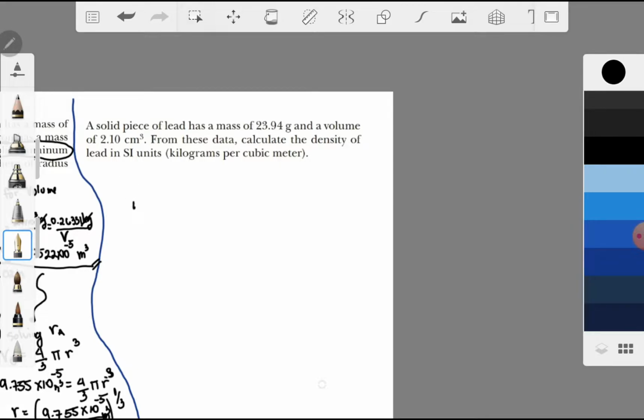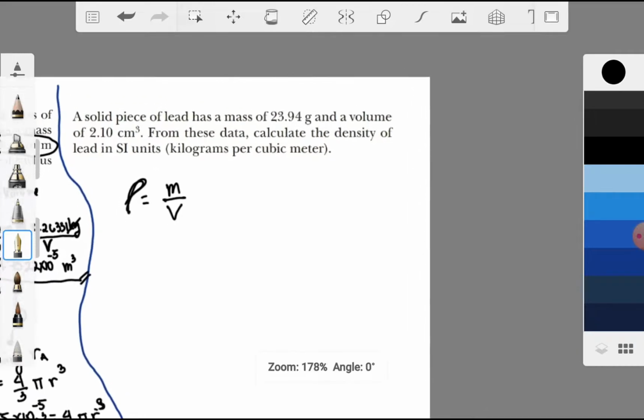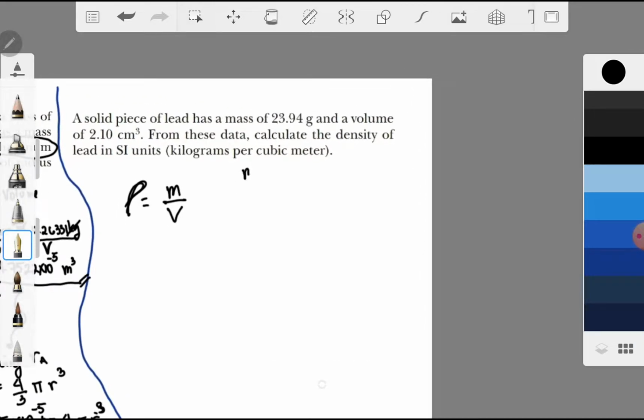We all know that your rho is just equal to mass over volume. Take note that this is the symbol for density. Our mass is equal to 23.94 grams, and our volume is equal to 2.10 centimeter cube. So we will convert it into kilogram per cubic meter.